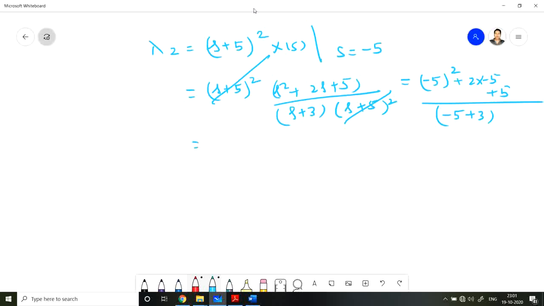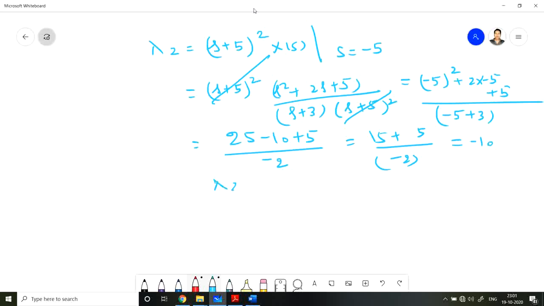So it is 25 minus 10 plus 5 divided by minus 2, which is 20 divided by minus 2. So it is minus 10. So lambda 2 is equals to minus 10.